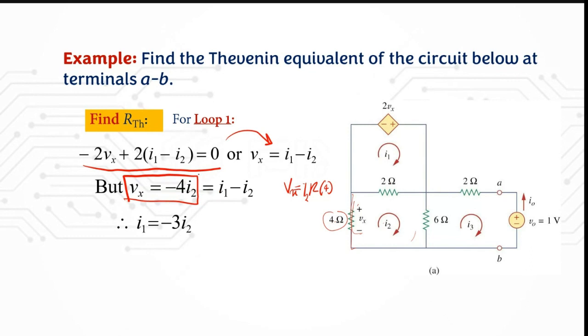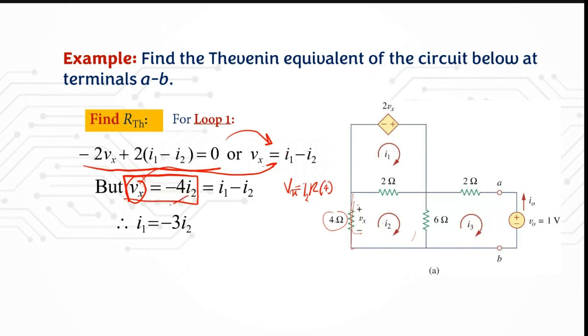And then this equals I1 minus I2, because if you look here, your Vx is equal to I1 minus I2. So that means your negative 4 I2 is equal to I1 minus I2.